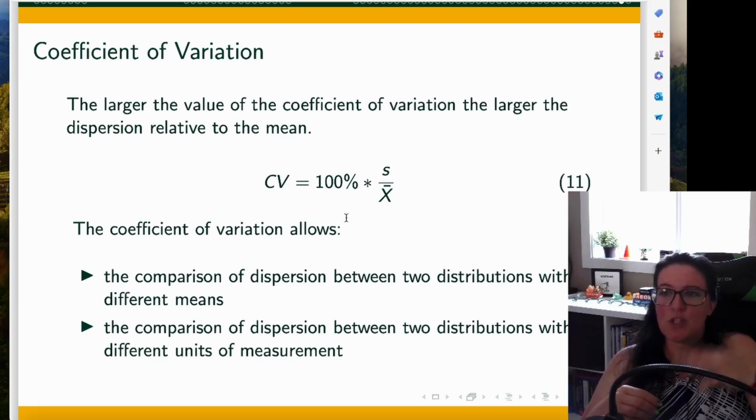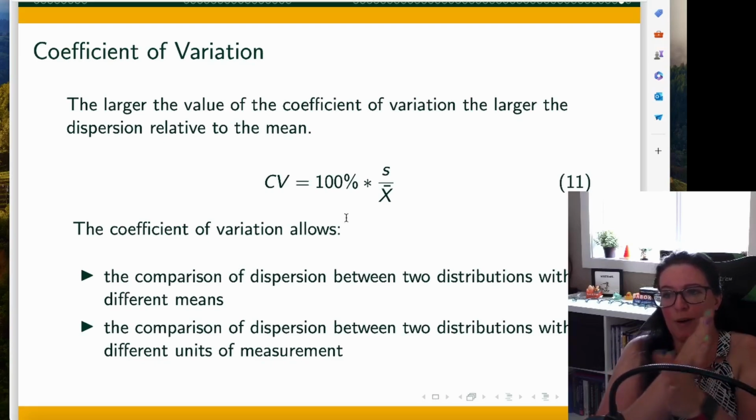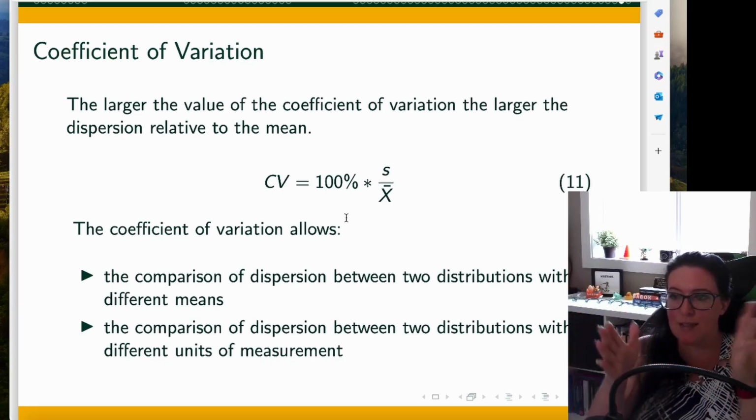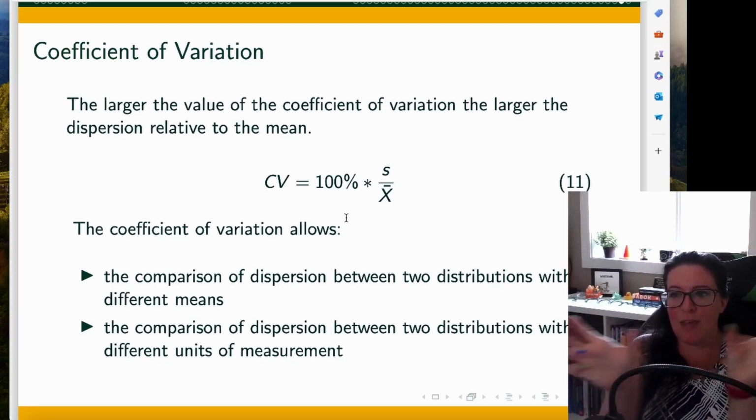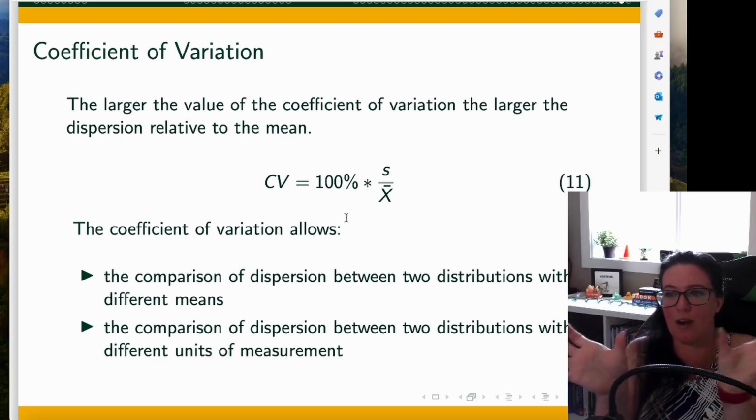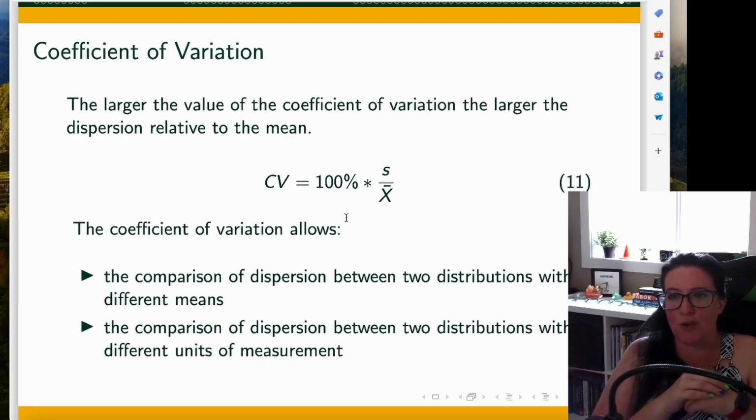And so the challenge, of course, is that if you have two different measures of central tendency, two different centers, then knowing how much spread there is can be difficult. So the coefficient of variation looks at the standard deviation relative to where that mean or center is.